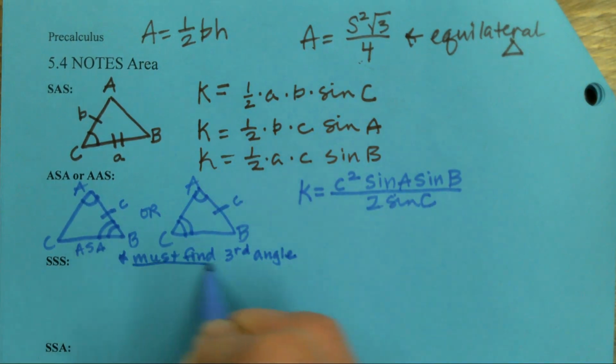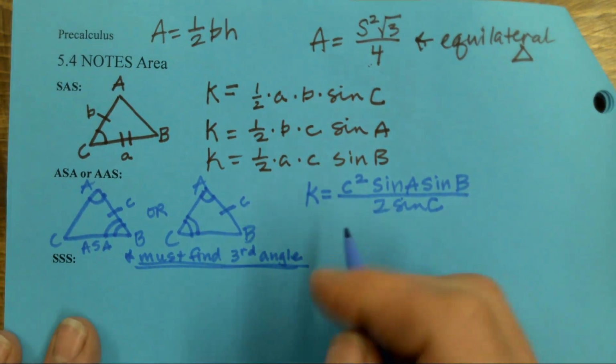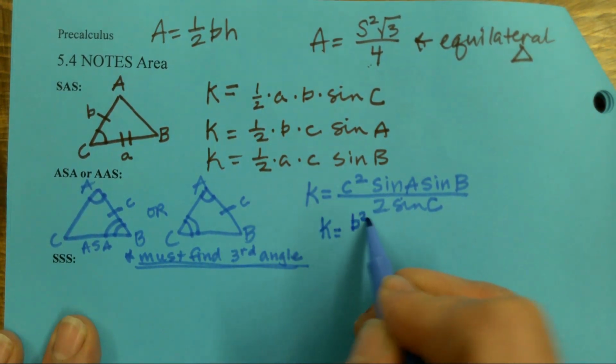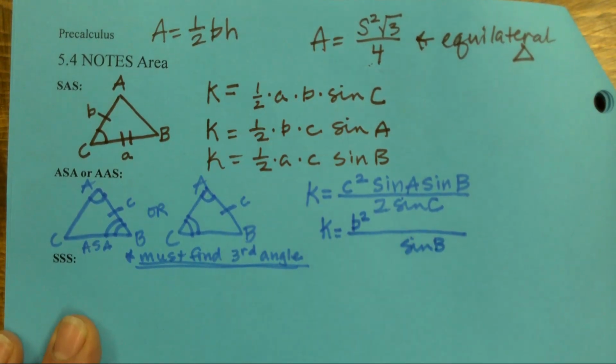Have to, or you will not be able to do this particular formula. Again, it is not about the letters, it's more about the position. So our other variations of this, the key point is, if B is the side I know, then the sine of B has to be on the bottom.